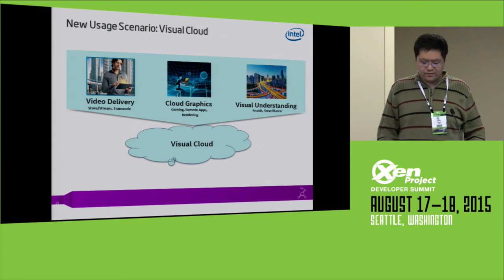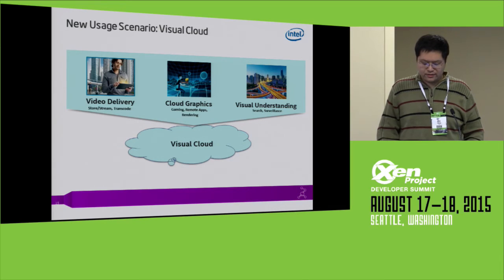And also for cloud graphics, providers offer remote applications, remote rendering, and remote gaming on the cloud inside VMs, and with our solution, they can provide a better user experience.